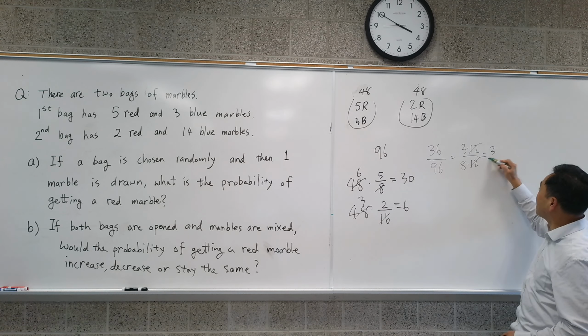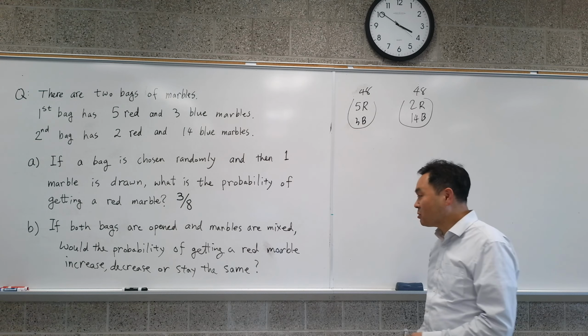Now, here's an interesting second question: what if you took these 2 bags and just put all the contents out into a single tray, and you randomly pick something? So blindfold a person, tell them to pick a marble.